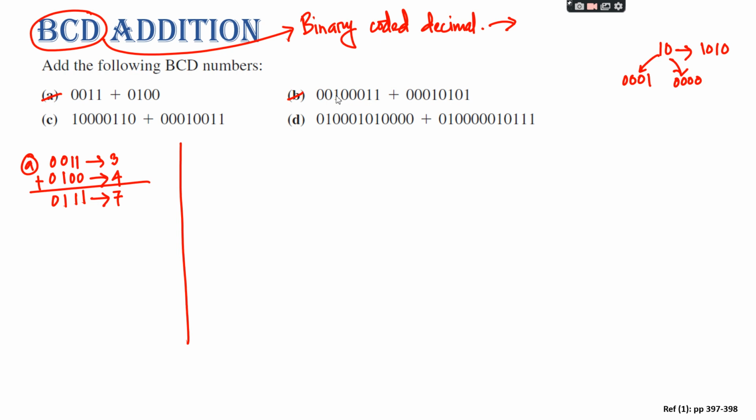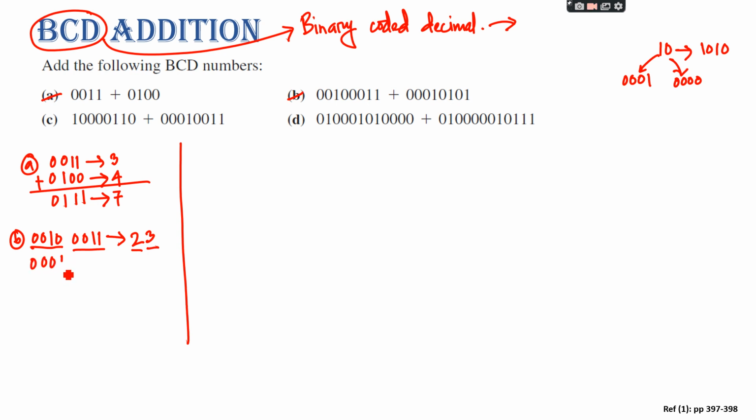So let's see what is happening here. It says 0010 and then 0011. So what's the number? 2, 3, right? These 4 bits represent 2, these 4 bits represent 3, right? Yes, sir.